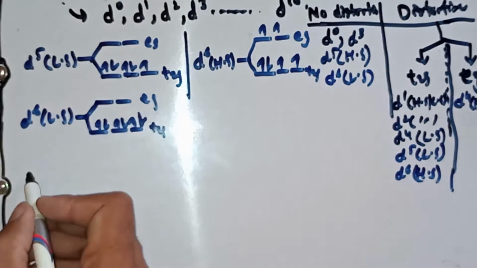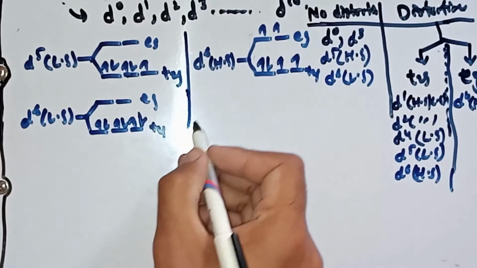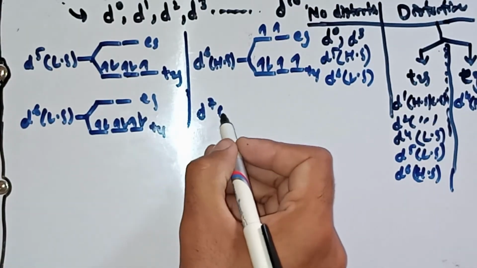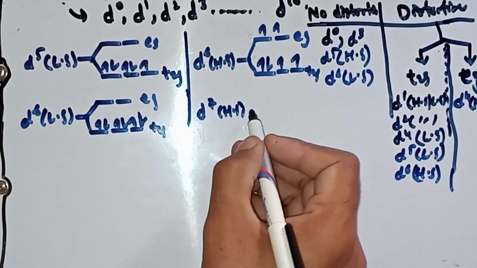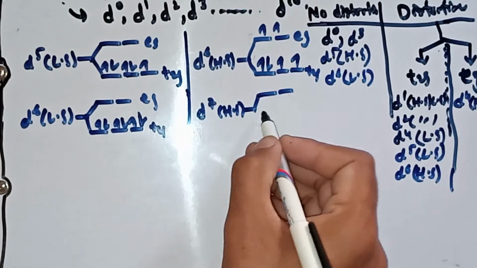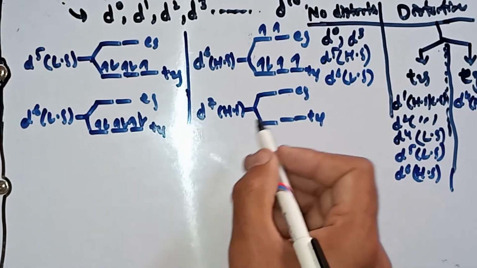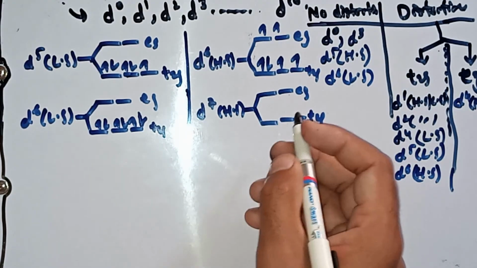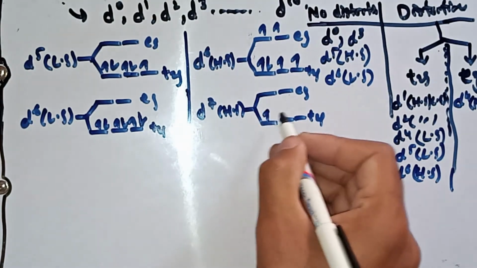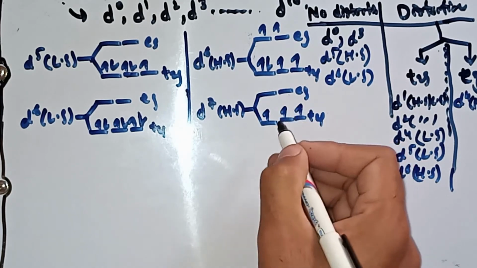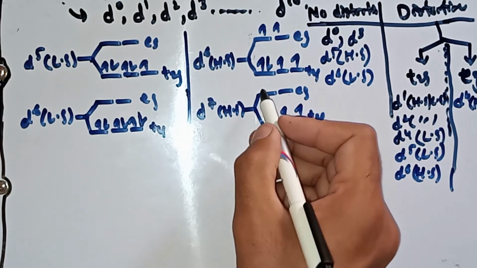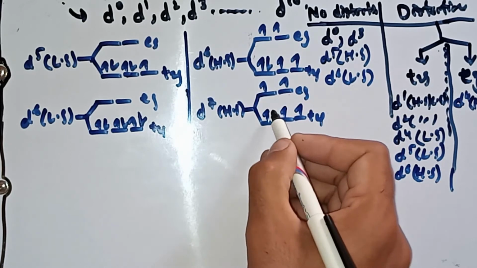In D7 system, when they are high spin complex, what will happen? That is T2g, that is Eg. When they are high spin complex, first electron will go here, second electron will go here, third, fourth, fifth, sixth, seventh electron.